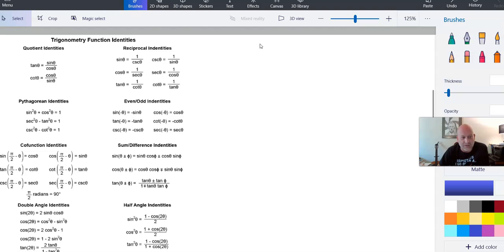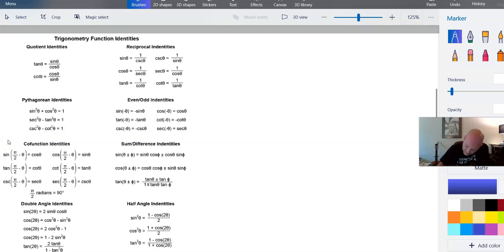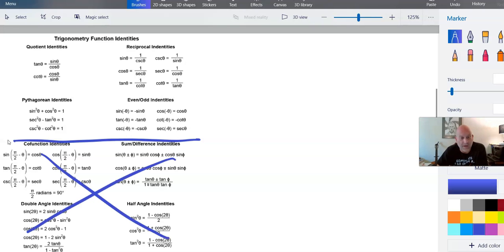So the ones that are permissible to use, so to speak, are pretty much everything above this line. So these guys we're not going to be using. I guess technically you might be using some of these right here, but not really. So they are fair game.